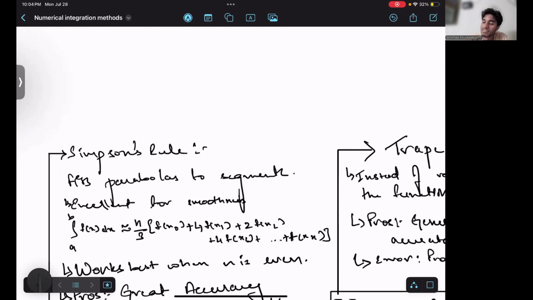So basically, the pattern is something like this. In f of xi, if i is odd, we multiply this with 4. And if i is even, we multiply this with 2.